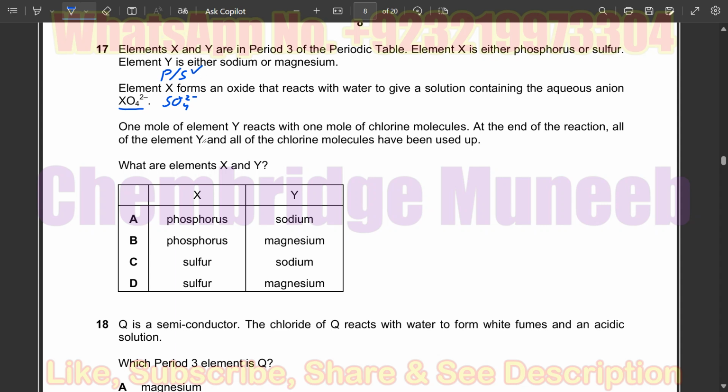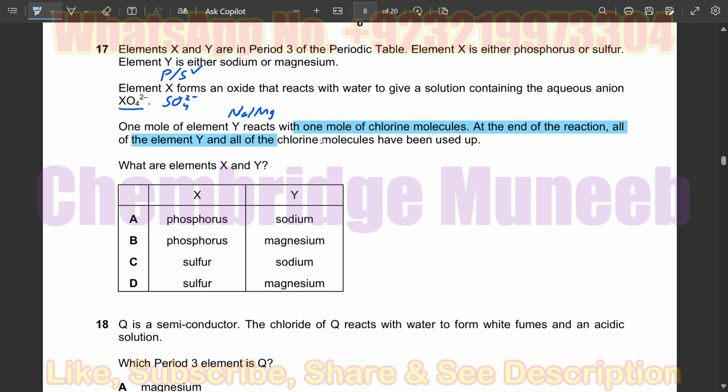Now about element Y, it can be either sodium or magnesium. According to the properties, 1 mole of chlorine molecules reacts with Y, and at the end of the reaction all of element Y and all of the chlorine molecules have been used up. So we have to construct equations to confirm this. Let's suppose we take sodium as element Y, it reacts with chlorine to give sodium chloride.